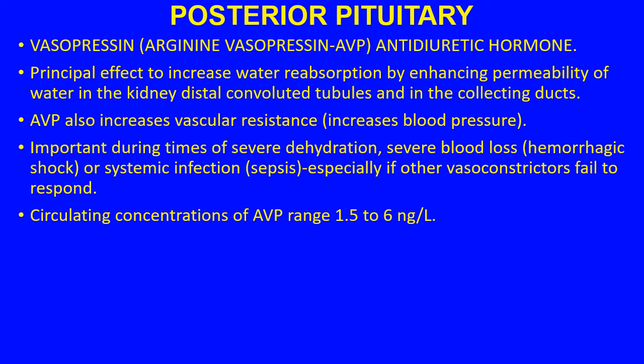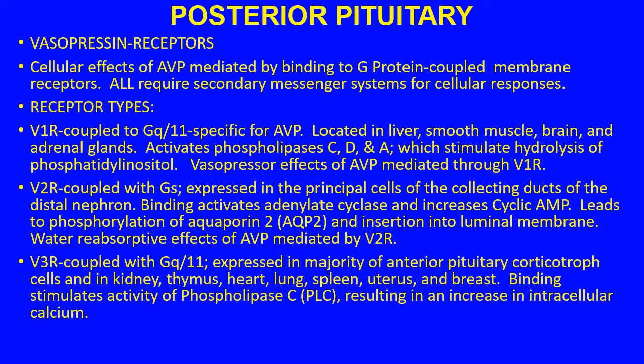Now, it's interesting to note that the circulating concentrations of AVP range from 1.5 to 6 nanograms per liter. Remember, AVP, like oxytocin, circulates freely, unbound. Let's talk about the receptors.